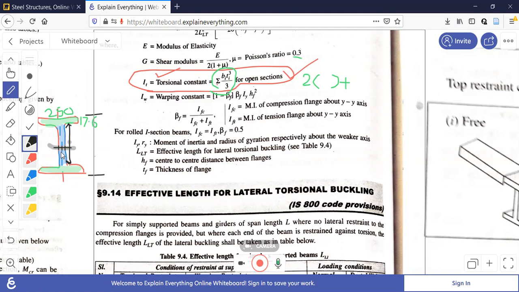So BT cube by 3, you have to add, that's all. Any question in this case? Any question here? No, sir.